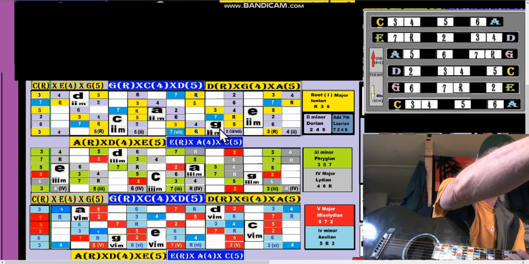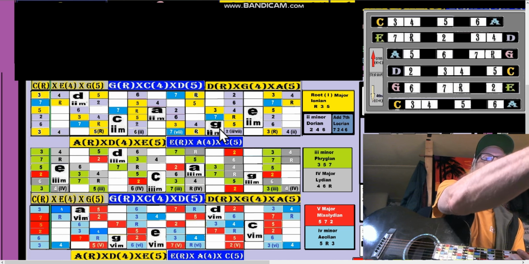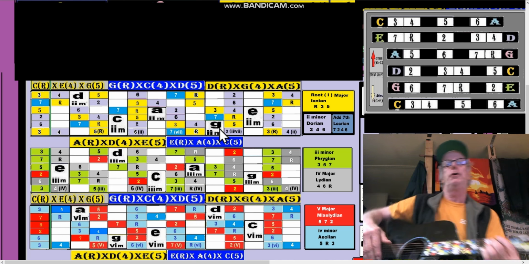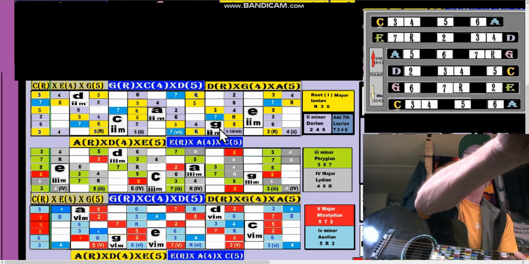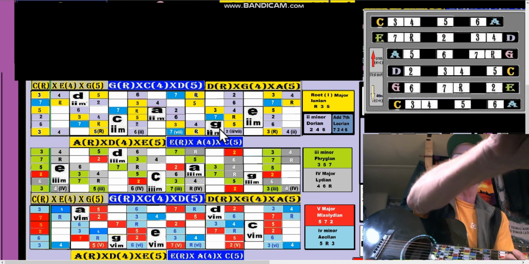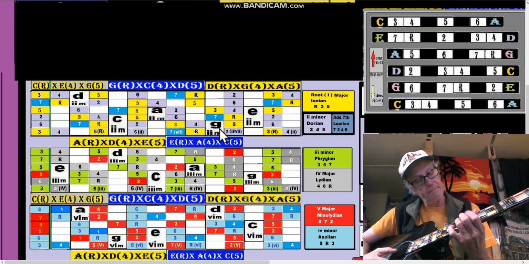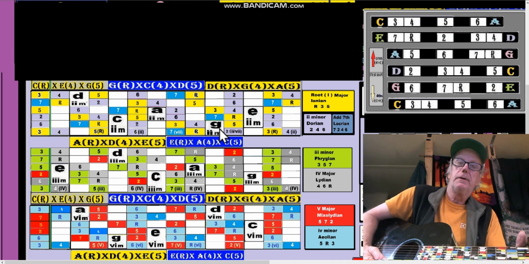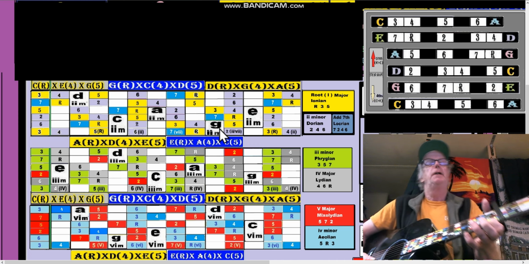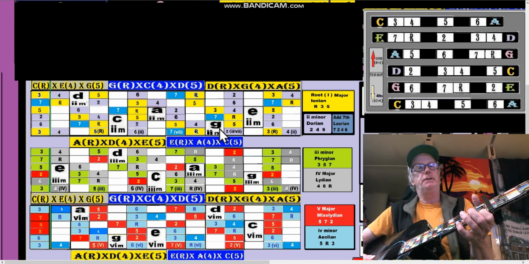So remember, cage backwards is C, D, E, G, A. So if you're in the A shape already, the D minor is going to be in the C minor shape. So we'll just take it to the minor there. That's a C minor shaped D minor.